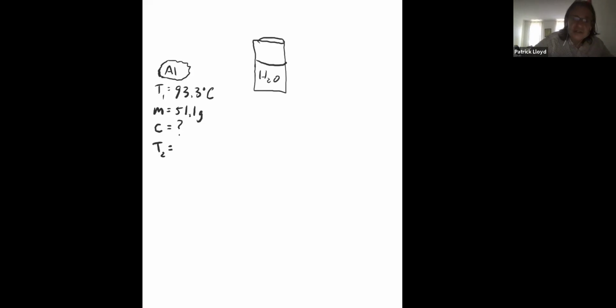And so the water has information too. The first piece of information is that the water starts off at 15 degrees C. And then it ends at 18.7 degrees C. Okay, so we're told both the initial and the final temperature of the water. Then we also know, now it doesn't actually explicitly tell us this, but the specific heat of water is 4.18.